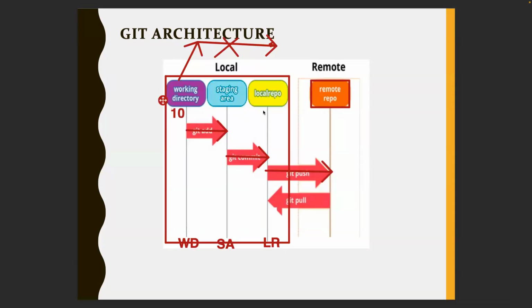You want only 5 files out of them to move to local. You will put only those 5 files to the staging area. It helps you like a preview or pre-check, and it gives you better control over what changes you are moving to local. How it gives better control, we'll see with the practicals. Once we start the hands-on, you will understand this better. But theoretically, this is the idea.